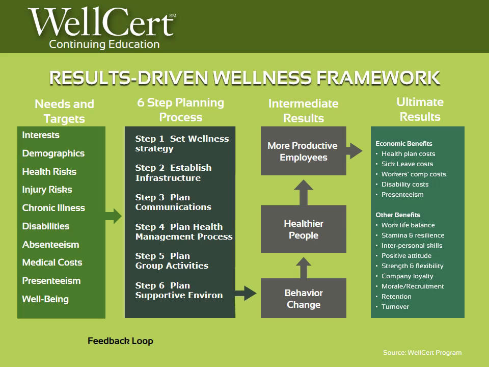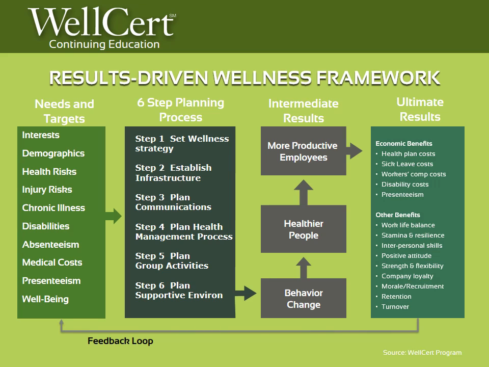And then what we do with intermediate results is we're looking for some indication of the sequential changes that happen from behavior change to observations of health status that come out of biometric testing, and then self-reported kinds of productivity assessments. And then the ultimate results get evaluated around the ROI or economic benefits, and then other benefits are the VOI, the value on investment. So these are some of the areas that we generally look at.